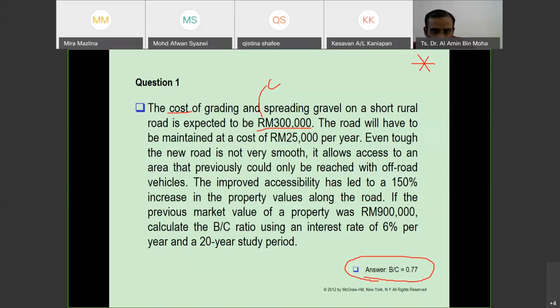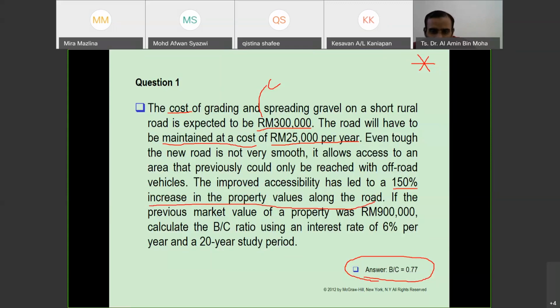And then the road will have to be maintained at the cost of 25,000 per year. So this is again a cost. Even though the new road is not very smooth, it allows access to an area that previously could only be reached with off-road vehicles. The improved accessibility has led to a 150% increase in the property values along the road.